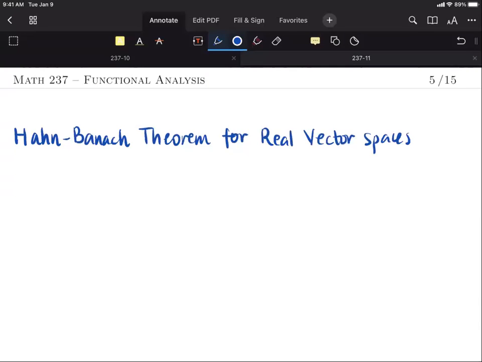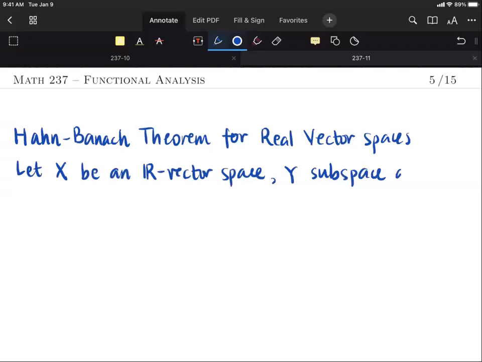So let's start with a real vector space X, and a subspace Y of X. And I have a sublinear form p.